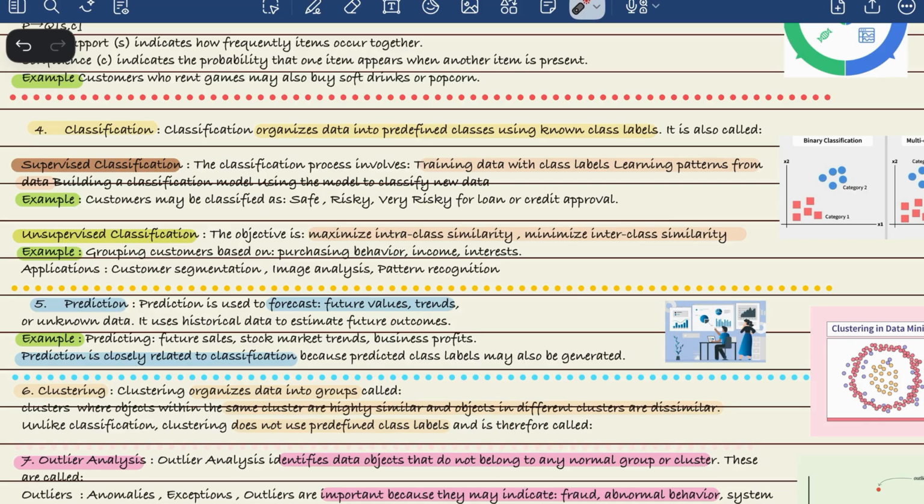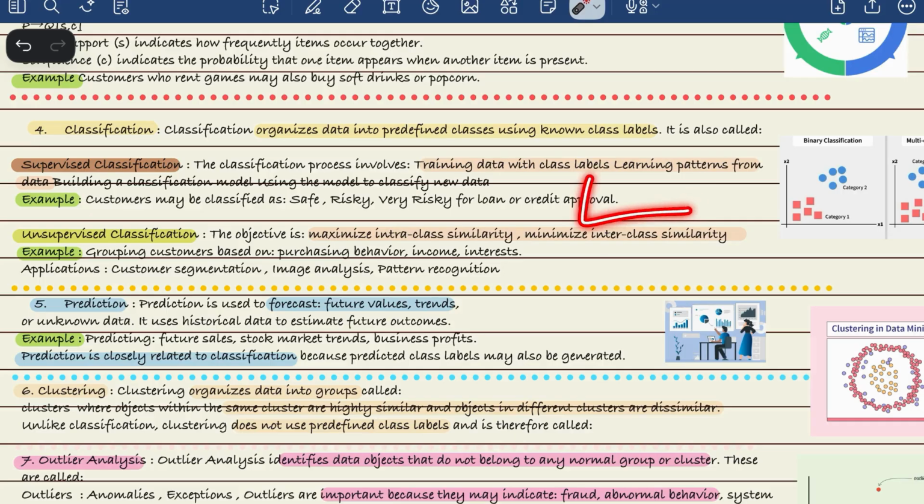Labeled means that there are already columns in our data. And our algorithm learns the pattern that our data is following and builds a model. Now if there is new data coming up, we already have the predefined labels, and according to the pattern we'll just assign them to it.